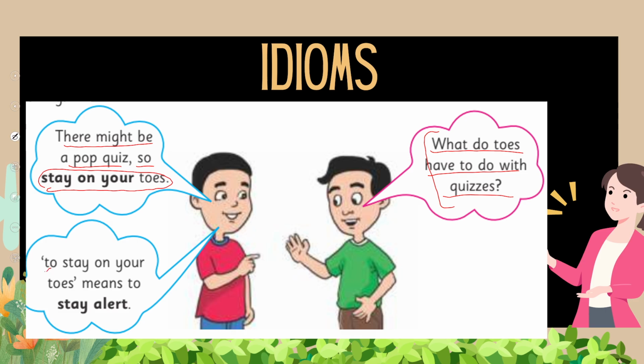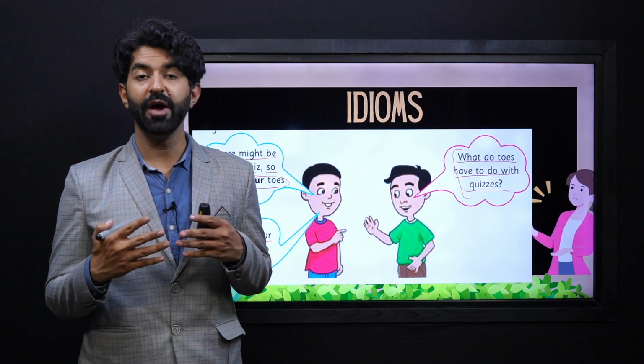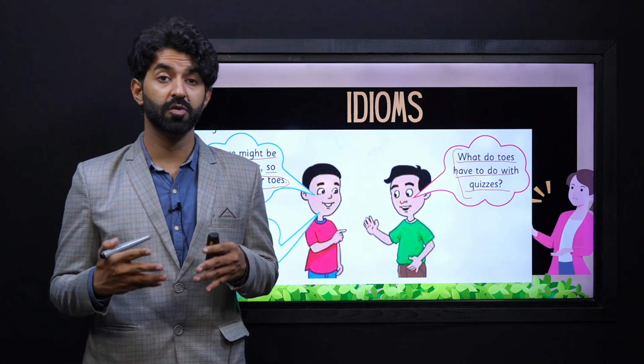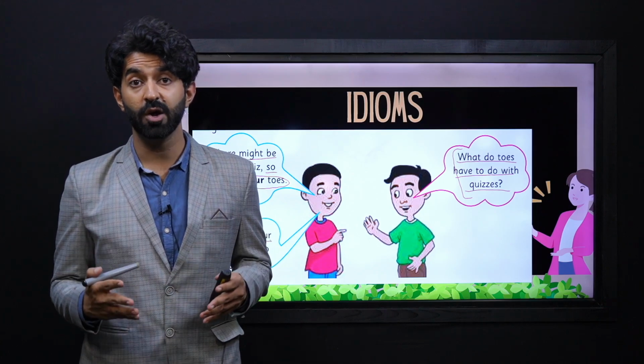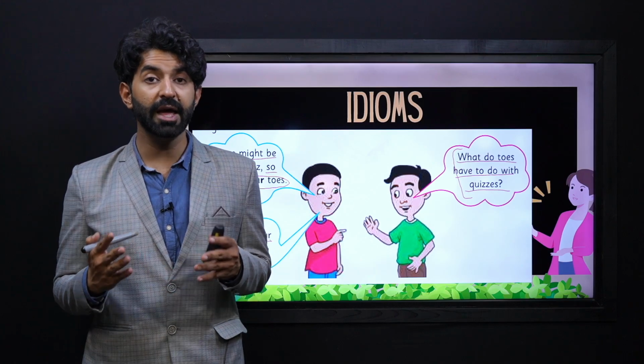So to stay on your toes is actually an idiom. It means to stay alert, to be ready to solve the pop quiz. So if I say you have a quiz tomorrow or a quiz right now, so stay on your toes. It means be alert. It could happen anytime.